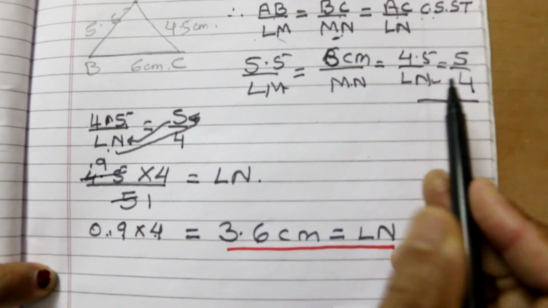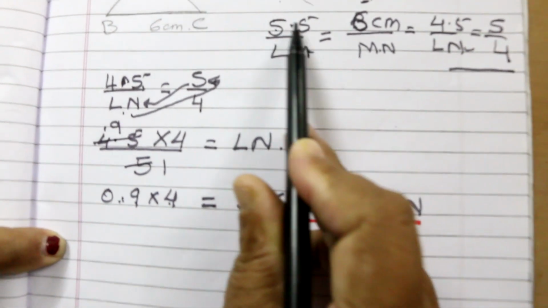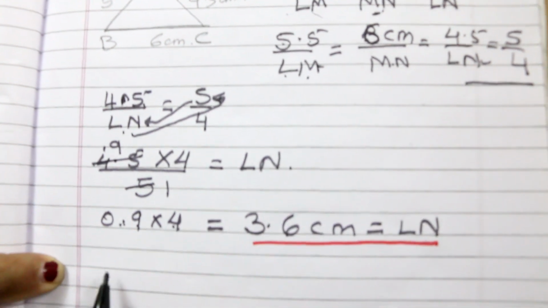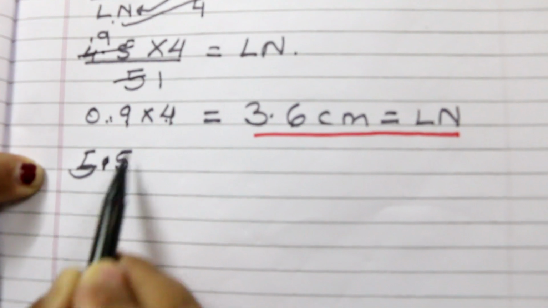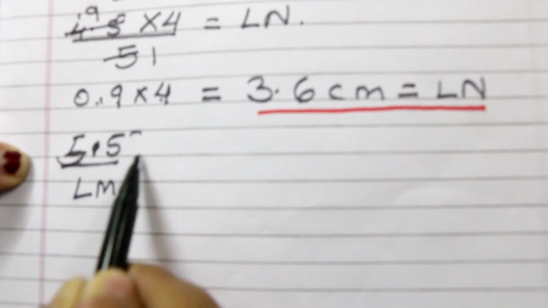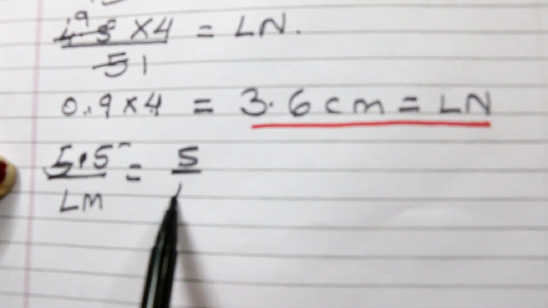Now I will take 5/4 equal to 5.5 upon LM. So LM, 5.5 upon LM is equal to 5/4.